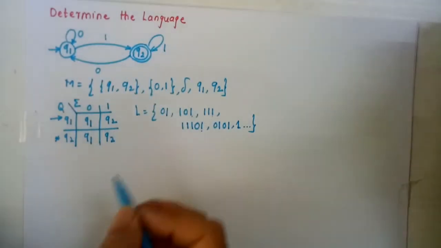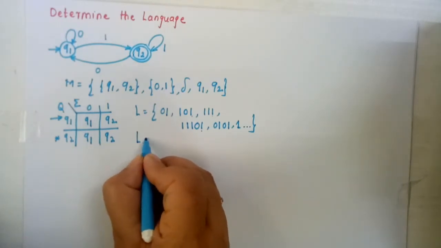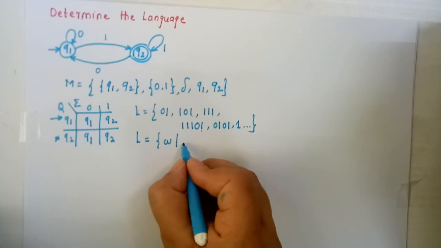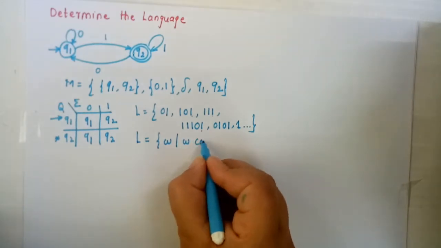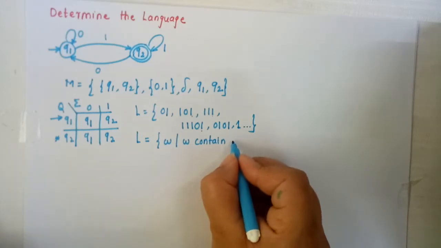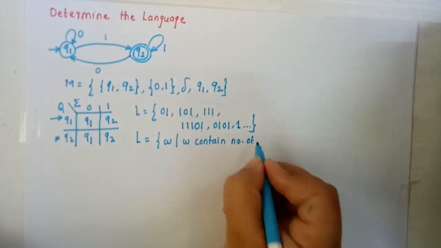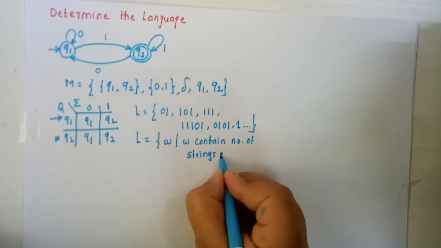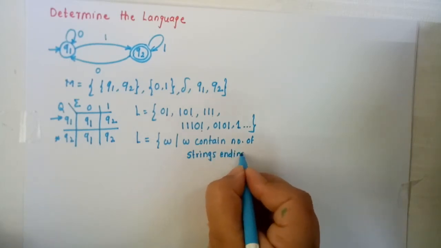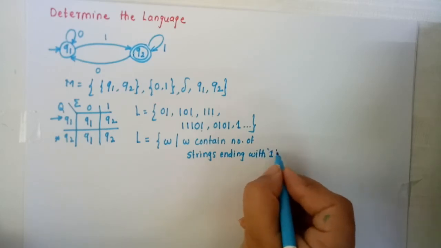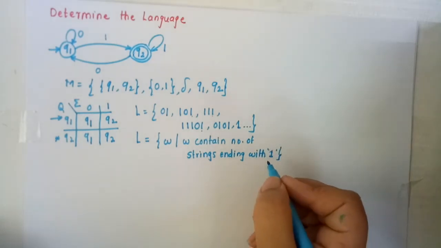So language L is equal to, in the bracket, w, where w means string: w contains strings ending with 1. Okay, it is your language.